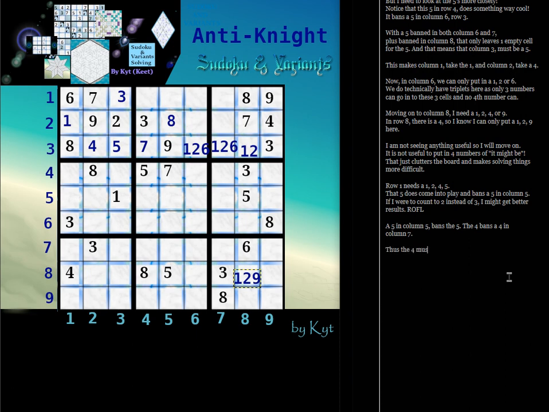Thus, the 4 must be in columns 4 through 6 in some order. The 5 must be either in columns 6 or 7.